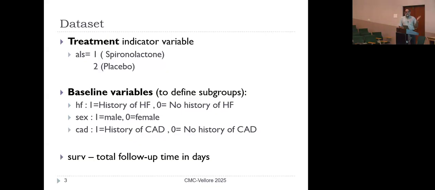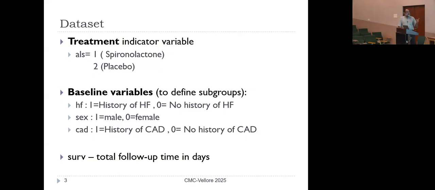That's a binary variable. Then your sex, male or female, and whether you have a history of coronary artery disease, CAD, or no history. So you may say, oh, maybe the effectiveness of the intervention is different in people that have had prior history or not, or different in males or females, etc.